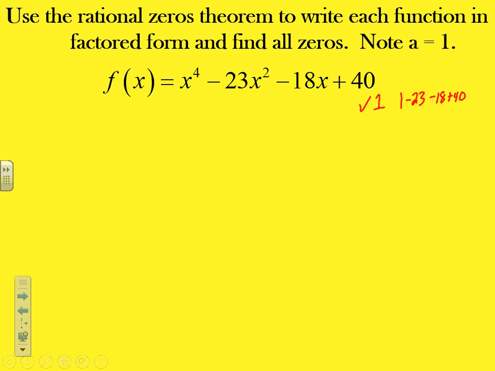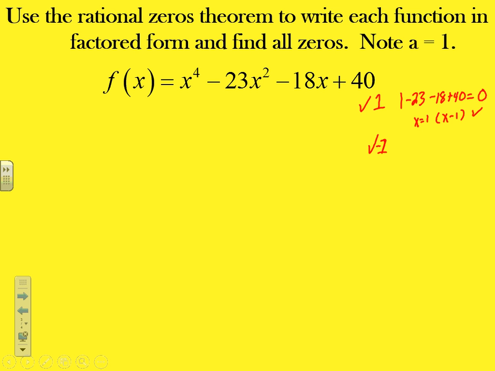If we add all of those together, it gives me a 0. That tells me that x equals 1, or the factor x minus 1, is going to work for this particular function. And now we would check the negative 1. Does negative 1 also give us a zero? Because if it did, that would give us 2 out of the 4 factors that we would need.